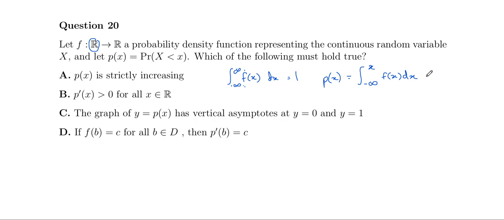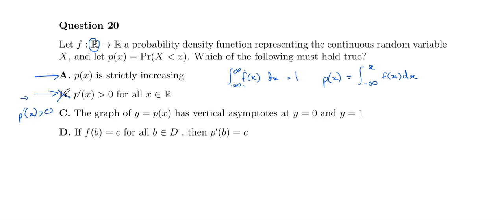Okay. All right. So, first of all, what I'm going to do is I'm going to cross out B. Reason being is because if B is correct, then A is correct, because P of x always being greater than 0 implies that P of x is strictly increasing.